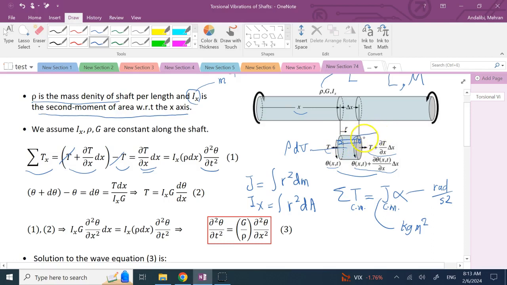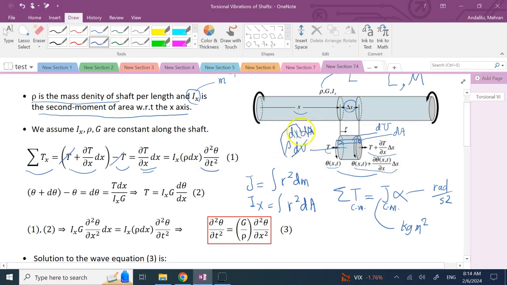That dV is equal to the thickness dx times dA, right? So dV is clearly dx times dA.